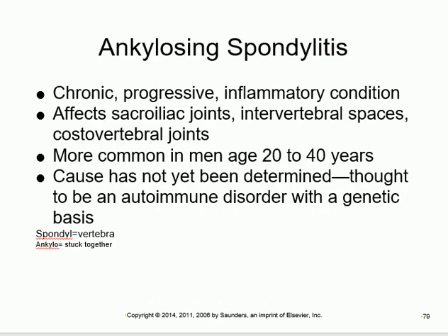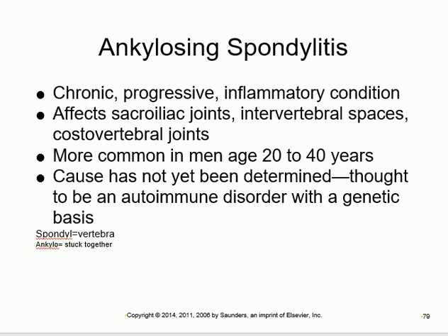Next condition is ankylosing spondylitis. What does it mean? Ankylosing, I talked about this before. Do you remember ankylosing that we talked about before in rheumatoid arthritis? Ankylosing means stuck together. So the joints will become stiff and ankylosing. You need to remember this. Ankylo means stuck together.